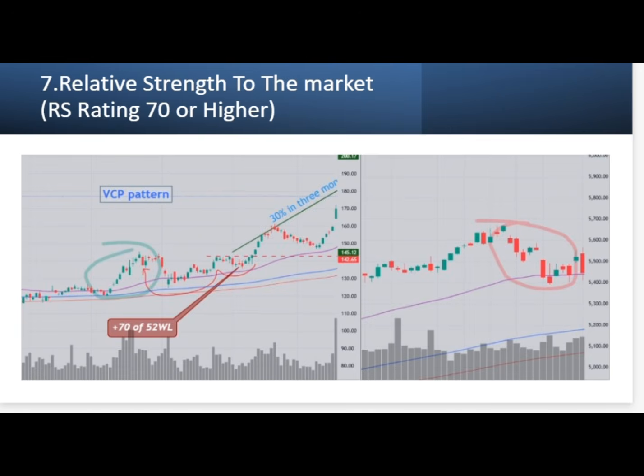And you can see the relative strength, very, very high relative strength to the market. While the S&P 500 is dropping, the stock was going up so aggressively against the down market. So this is what relative strength is. The stock should have some relative strength.